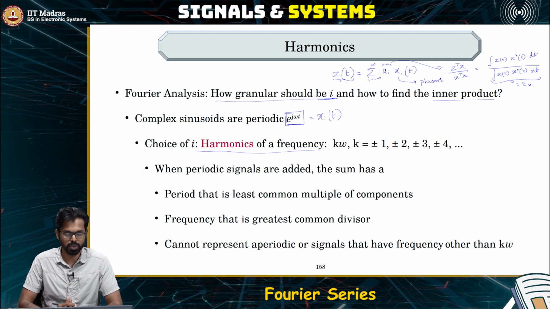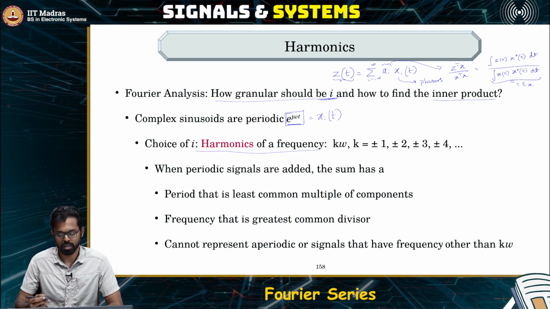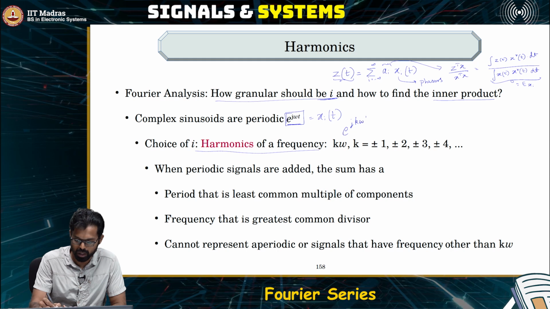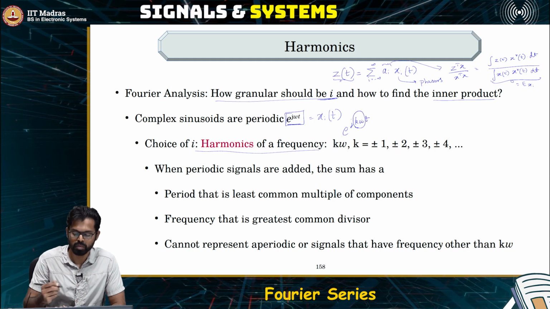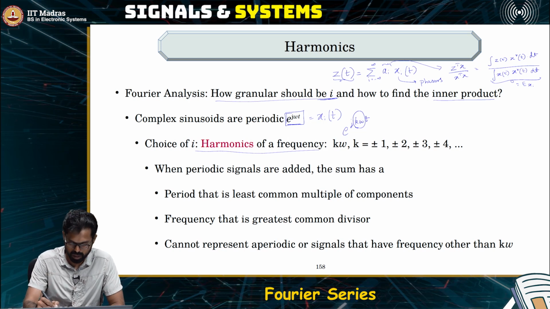In this case, we are choosing integers, meaning we are choosing phasors of the form e^(j k omega t). What is that k omega t? It means that you fix a particular omega.